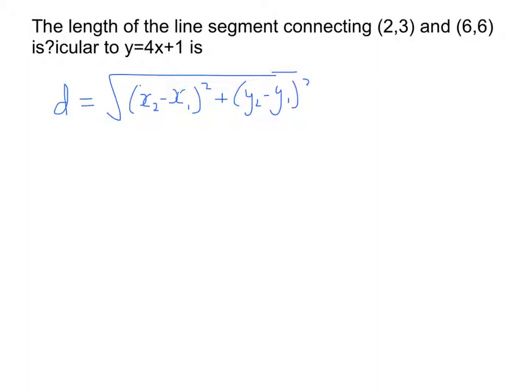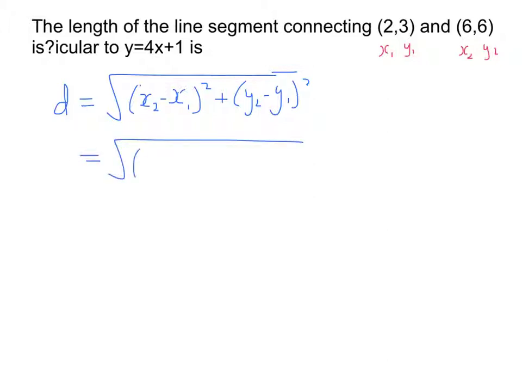So the smallest of the two x values is x1, which is 2. The other one, 6, is x2. y1 lives with x1, y2 lives with x2. So what we now do is substitute those into our equation.